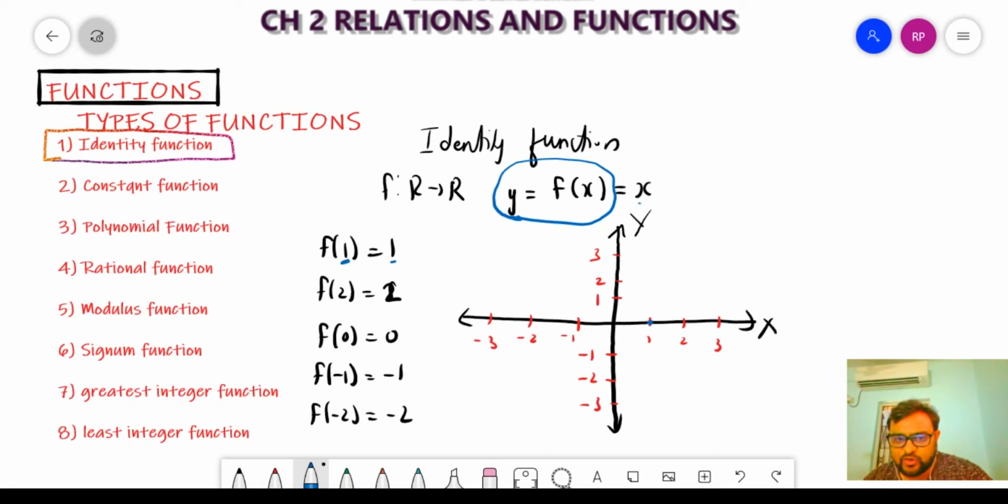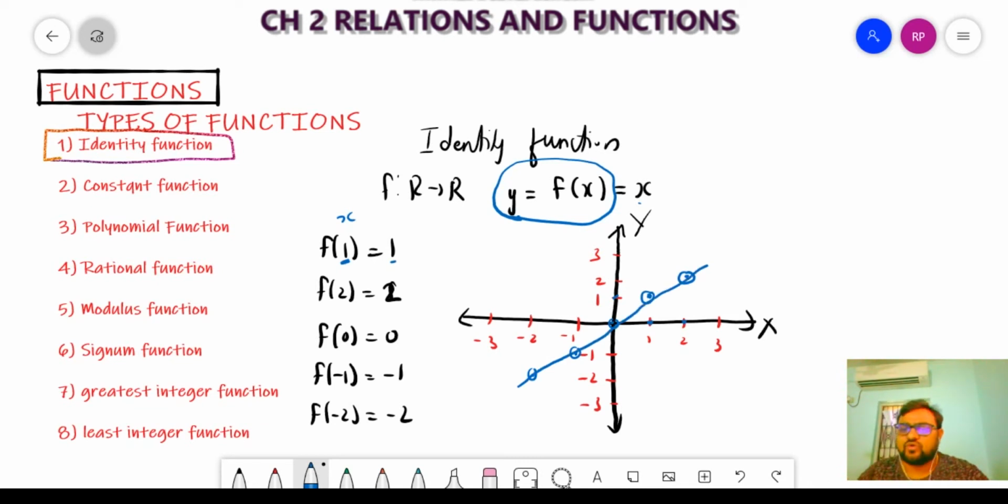In the bracket I am putting this value as x. So when x is equal to 1, y is 1, so this will be the point. When x is 2, y is 2, this will be the point. For 0, it's 0. Minus 1, it's minus 1. Minus 2, it's minus 2. So I got a straight line.